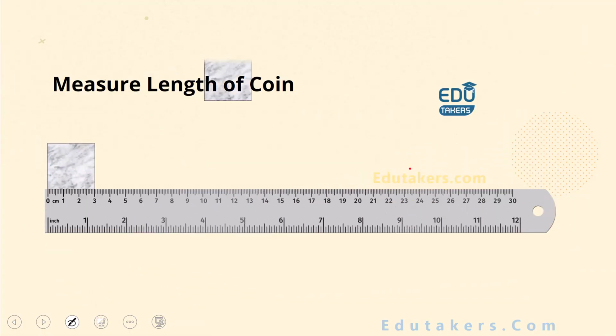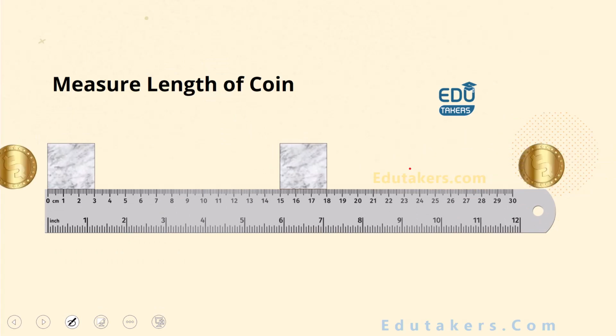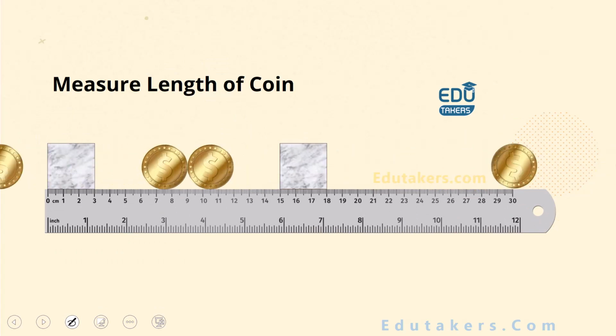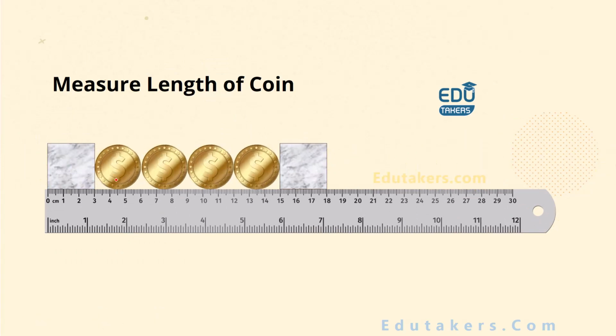So here you are going to measure the length of the coins. See the starting reading. These basically start from 3, and the final reading is basically at 15.